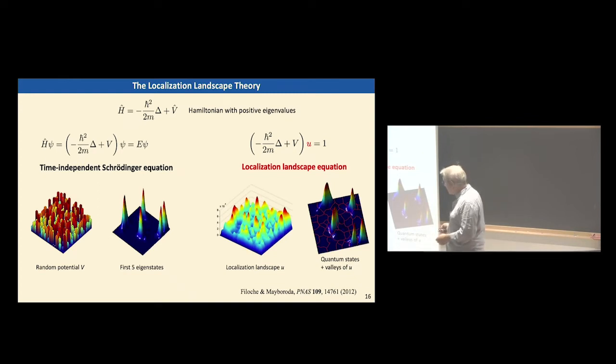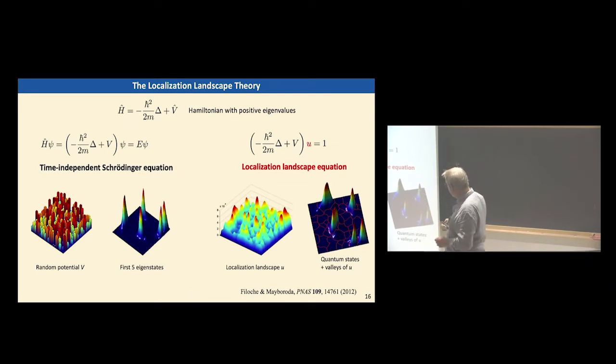And you can separate these bumps, they partition the domain into small regions. The partition is shown here in red lines. This is in 2D. If this were in 3D, you would have a 3D localization landscape, and the partition region, the valley, would be a hypersurface, like a foam separating the regions.